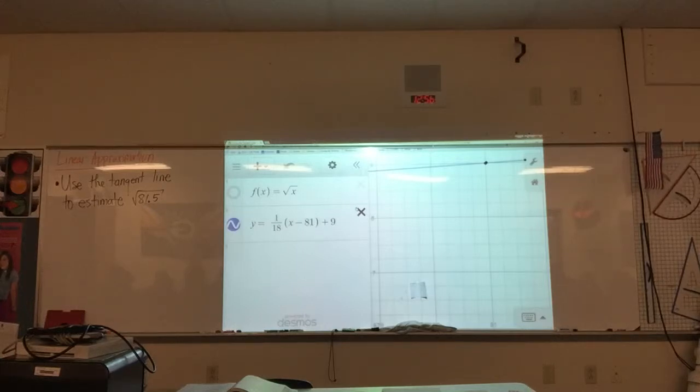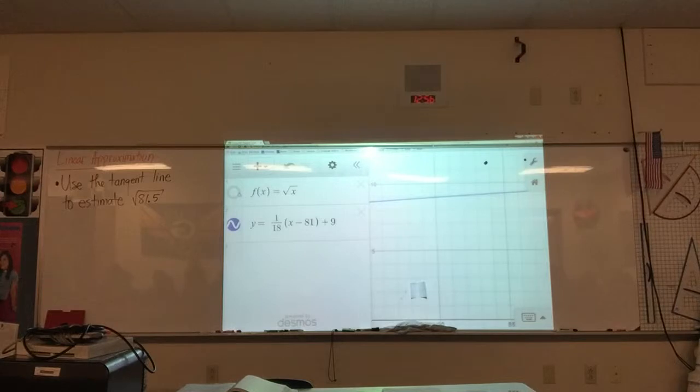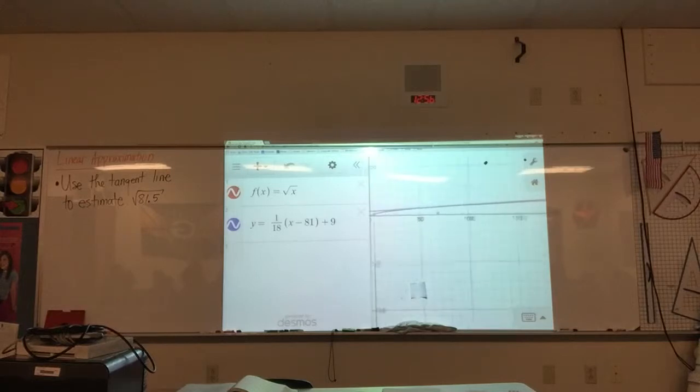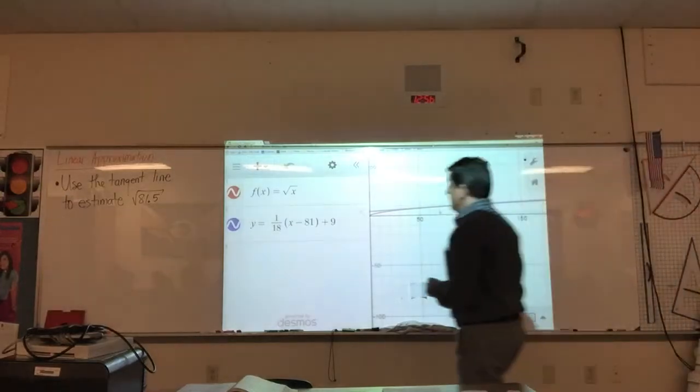And if we stay close enough to it, we can use that tangent line to find the answer to the estimate of the square root. Because look at it, they're so doggone close that we got to be pretty accurate. So let's see how we do.